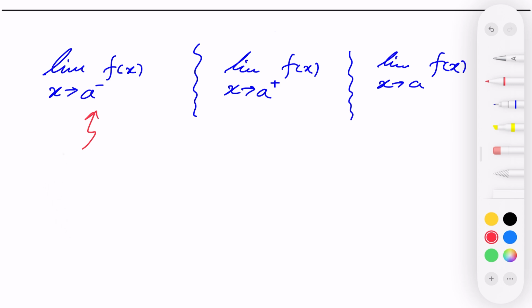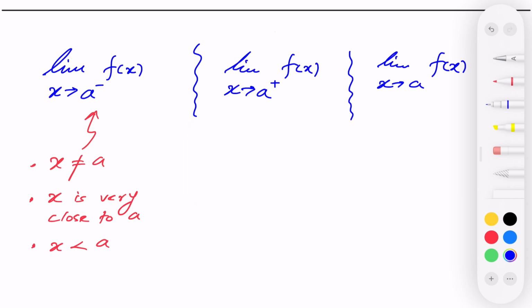The reason why we write it like this, x approaches a, is because x is not equal to a. That's the first property. The second property is that x is very, very close to a. The third property: when you look at the left-hand limit, it also means that x is less than a.